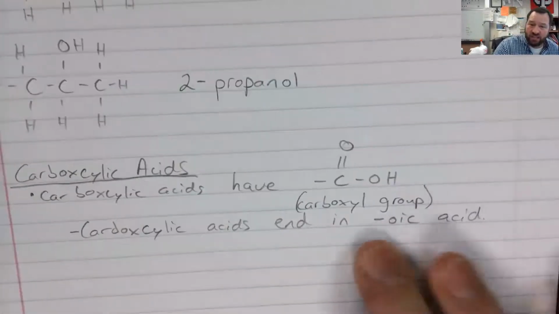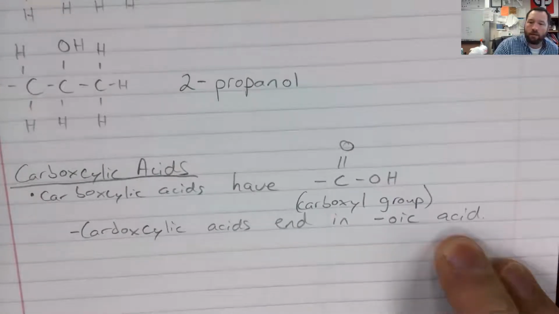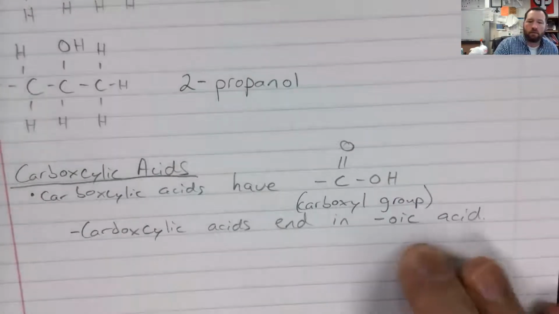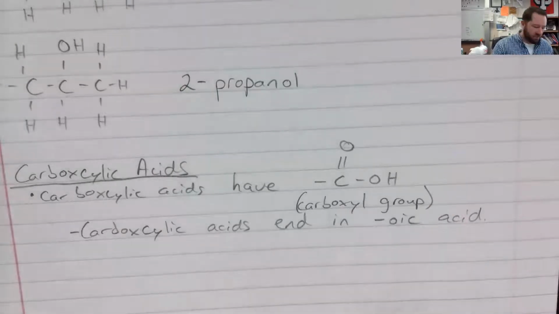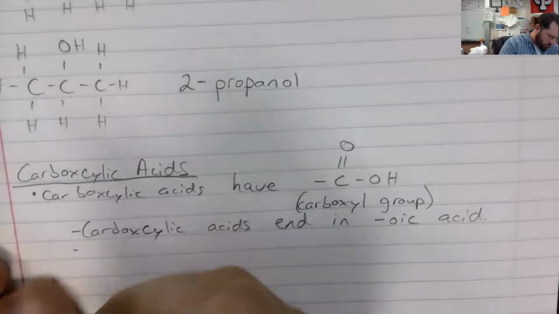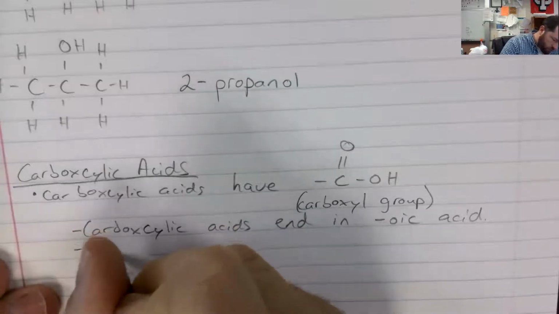Carboxylic acids end in oic acid. So that's how we know we're working with a carboxylic acid based on the name. And then one special little note here.